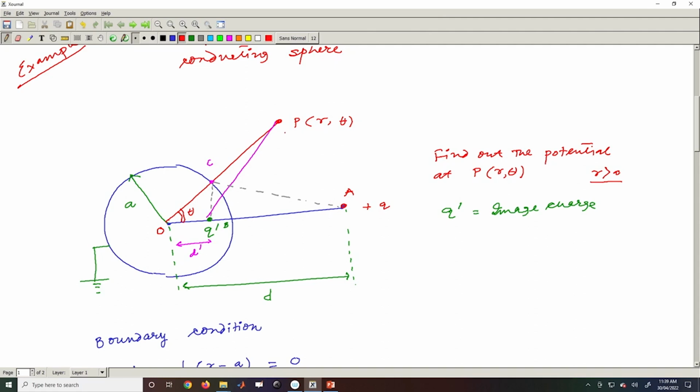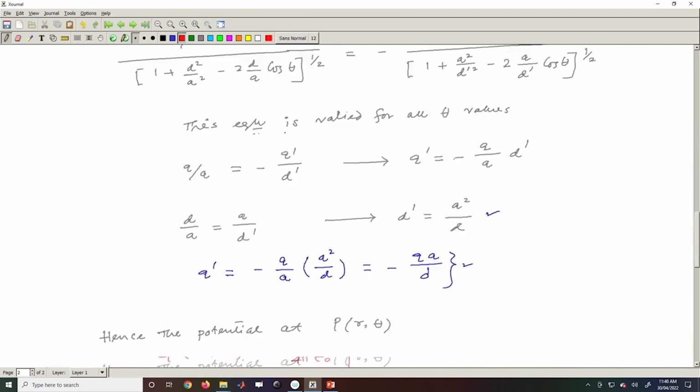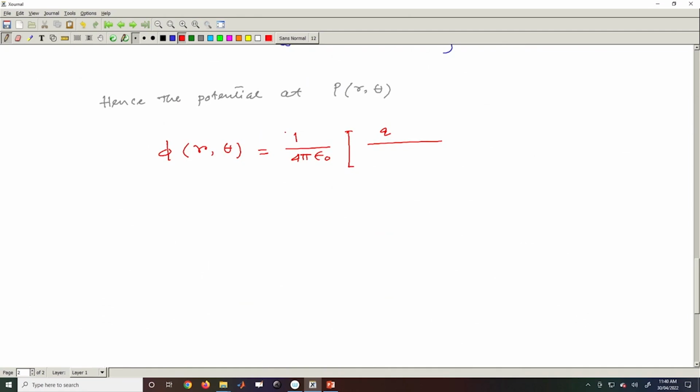This distance I can write in terms of r, theta and d, and it simply comes out to be r square plus d square minus 2 r d cos theta, whole to the power half.